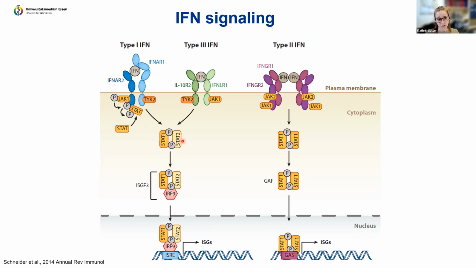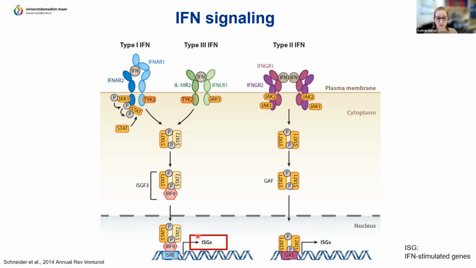They form heterodimers, STAT1 and STAT2, and together with this factor here, the interferon regulatory factor 9, they enter the nucleus of the cell, and they bind to a specific motif in the DNA, and this is called the interferon stimulated response element, short ISRE, and it will also be important at the end of my talk.